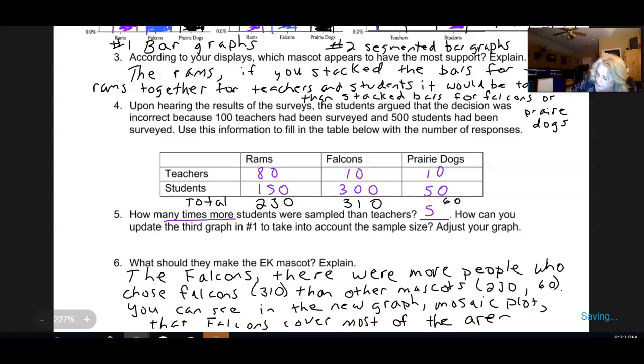And so that's not too bad, right? It's just a matter of taking into account that the width takes into account that there were 5 times more teachers by having 5 bars compared to the 1. Okay? So hopefully that explains it.